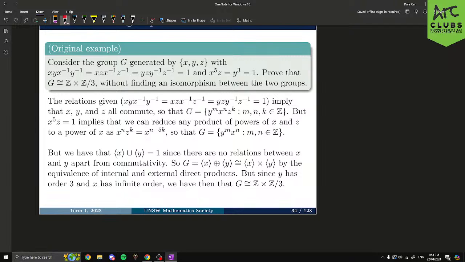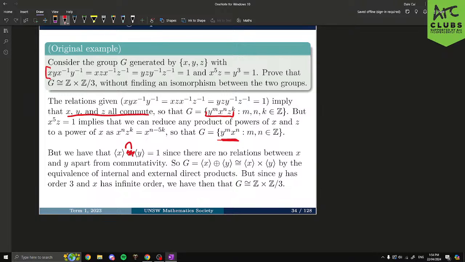So just to recap, we found from the first set of equations that x, y, and z commute, so that every term looks like this. x to the 5 z equals 1 implies that any z can be reduced to a power of x, which means I can essentially remove z, and every term can be written like this. This should be an intersection.